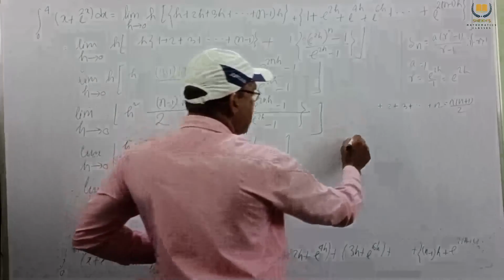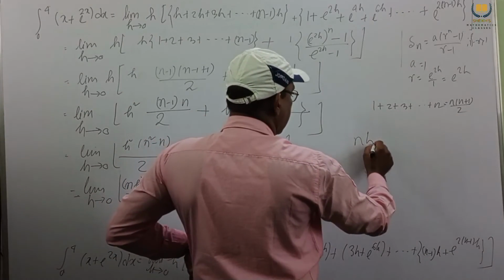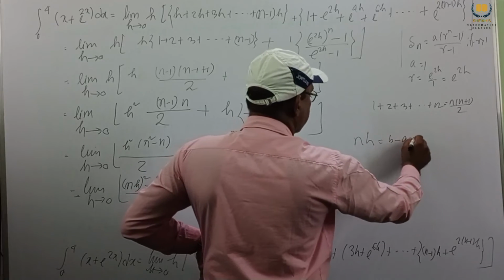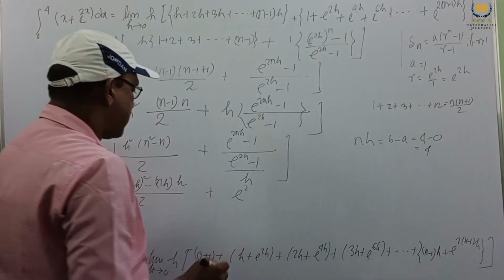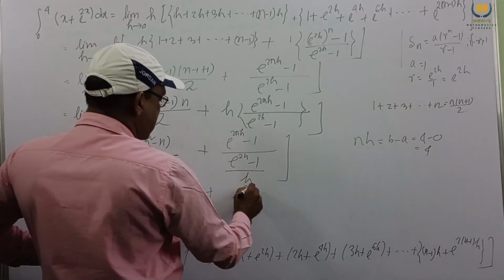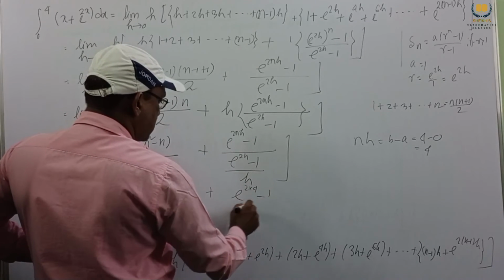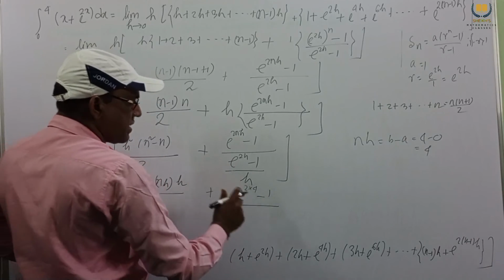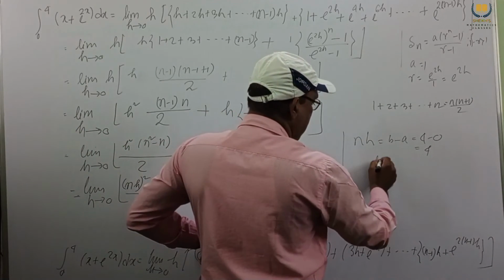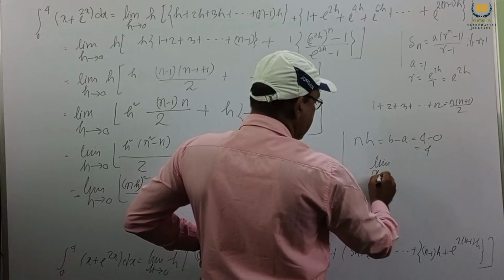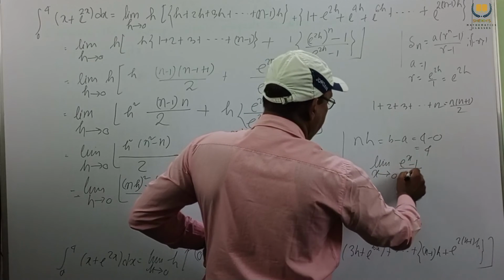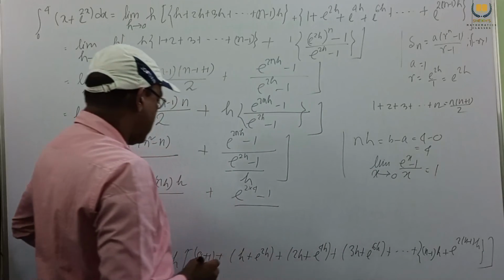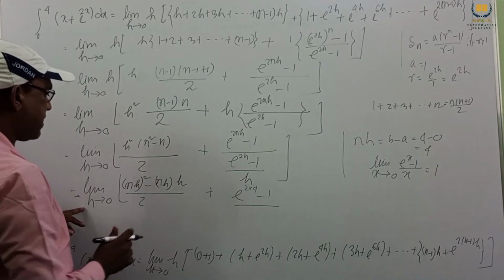We know nh means b minus a, this is 4 minus 0, which equals 4. We get 4, nh is 4, minus 1. And again, you know this formula: limit x tends to 0, (e to the power x minus 1) by x equals 1. So we write the limit here also.